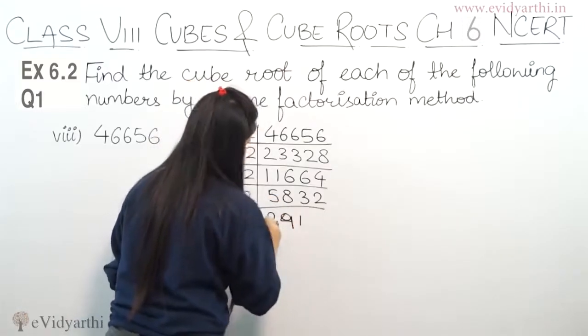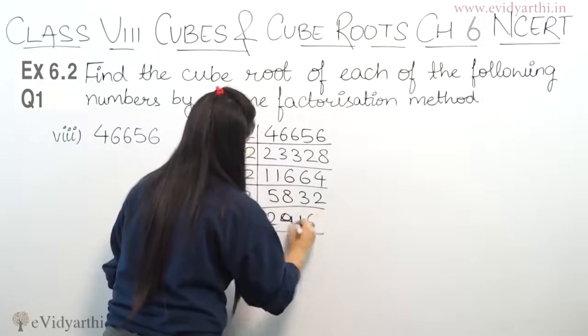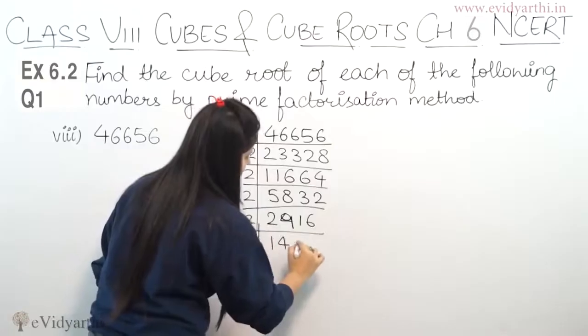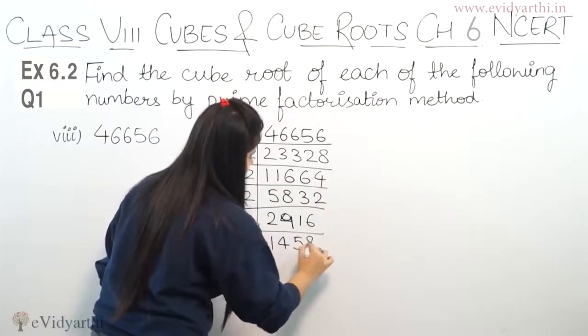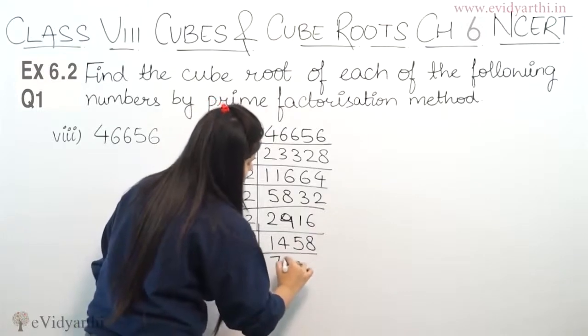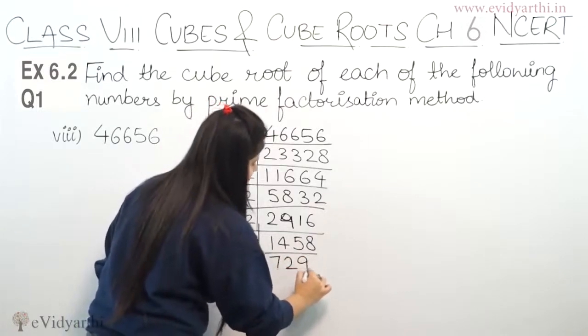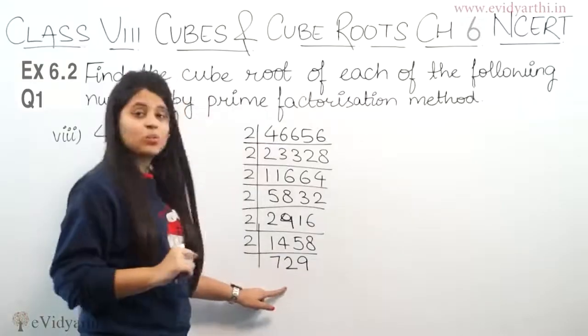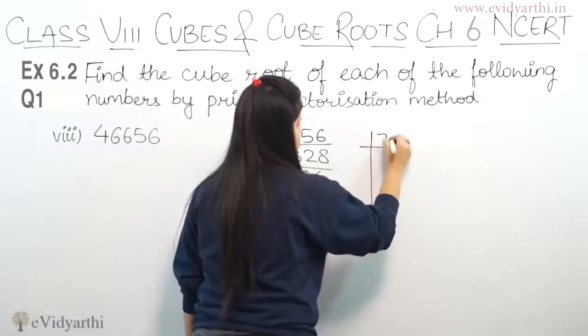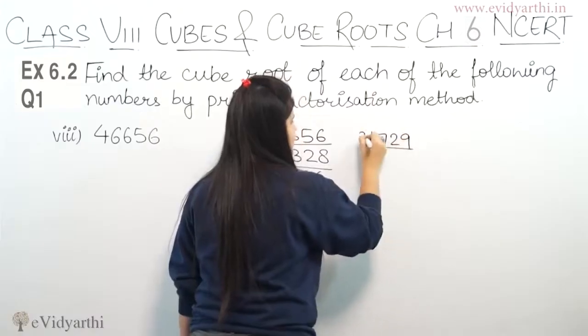Again with 2, 1458. Again with 2, 729. So now we have 729. So इसको कर सकते हैं हम 3 की टेबल से. So 729, 3 से करेंगे.